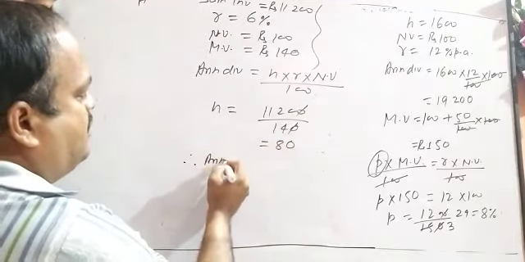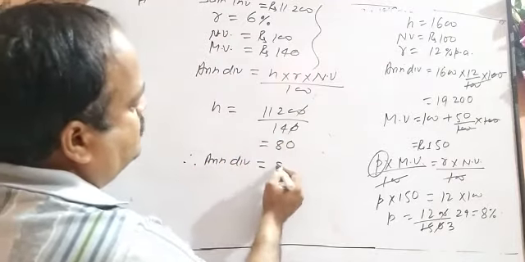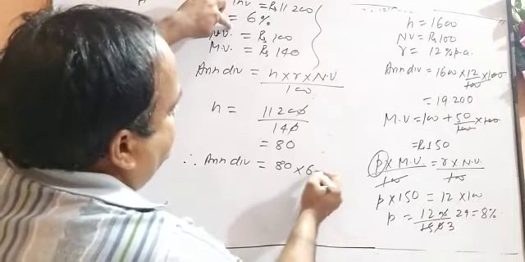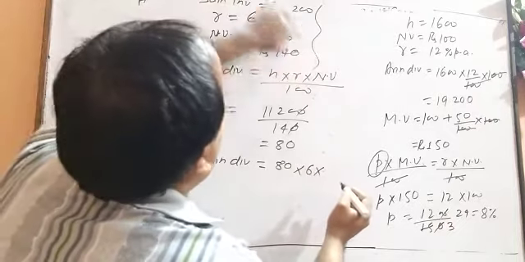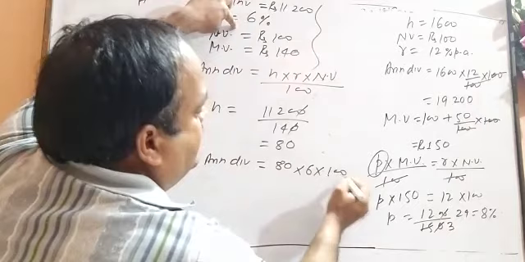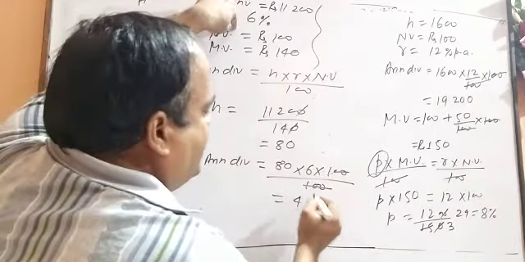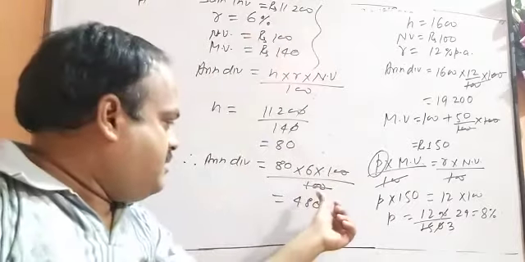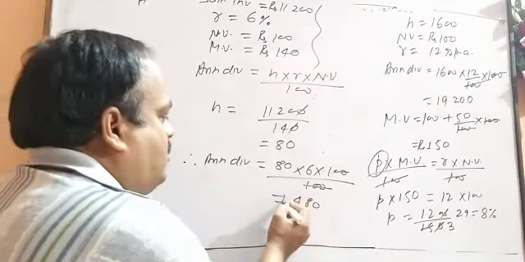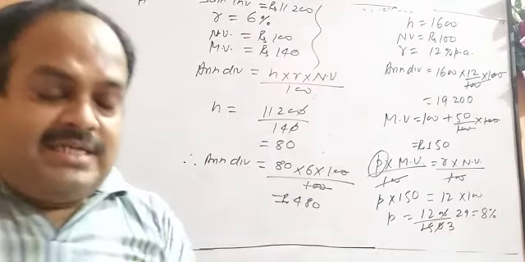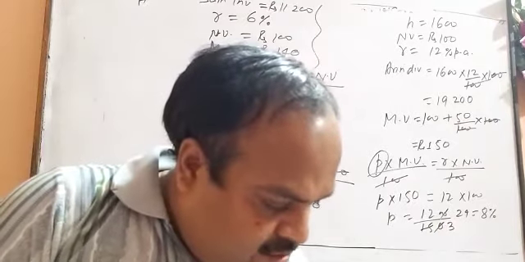Therefore, annual dividend is equal to 80 into 6 into 100 upon 100, 480 rupees. So annual dividend is 480 rupees.